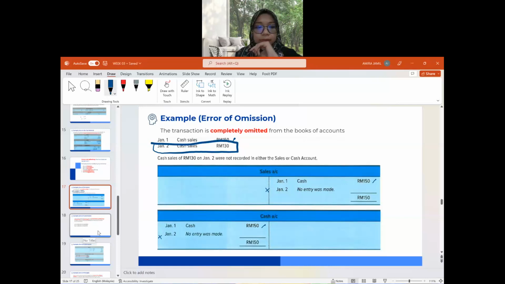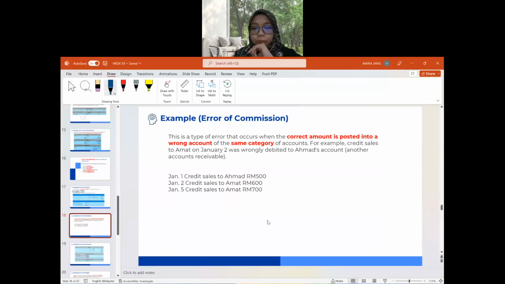It's an error. The second error that does not affect the trial balance, but is still wrong, is an error of commission. You have the correct amount, but it's posted in the wrong account. For example, credit sales to Ahmad on January 2nd was wrongly debited to the wrong Ahmad account. Maybe there's some confusion between Ahmad and Ahmad accounts.